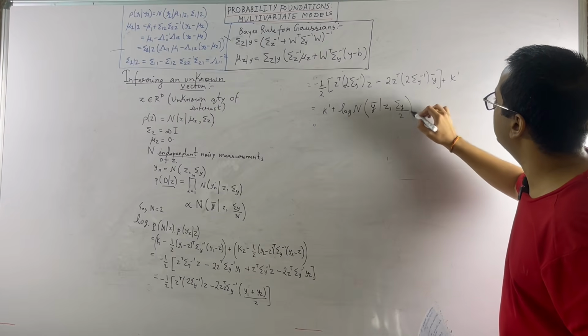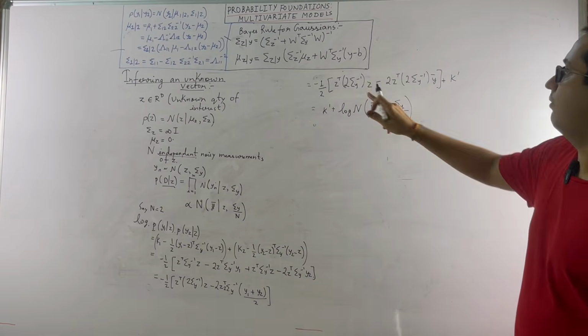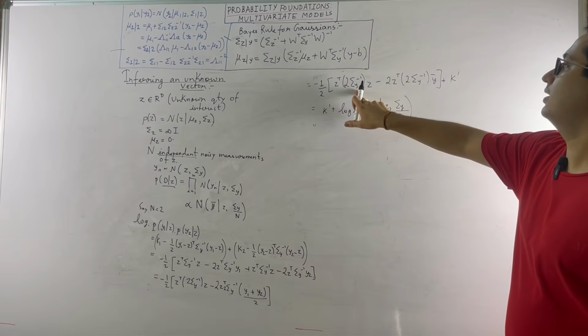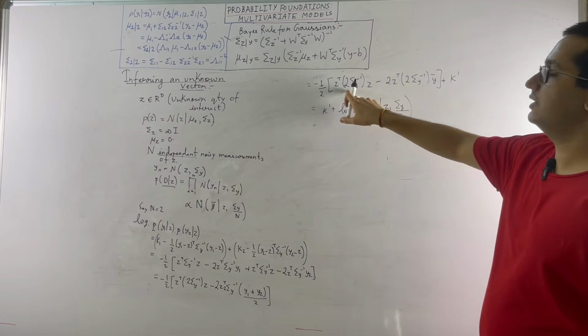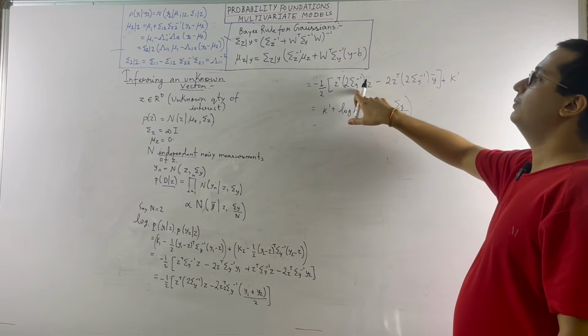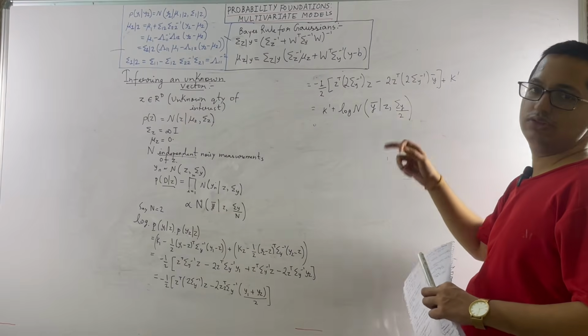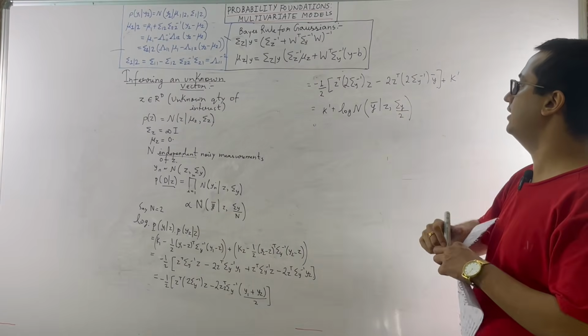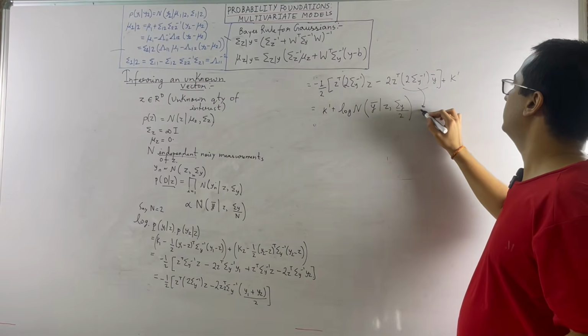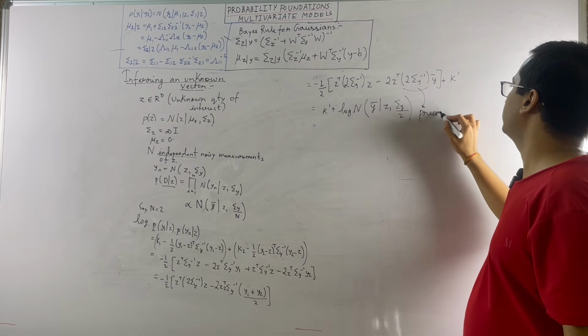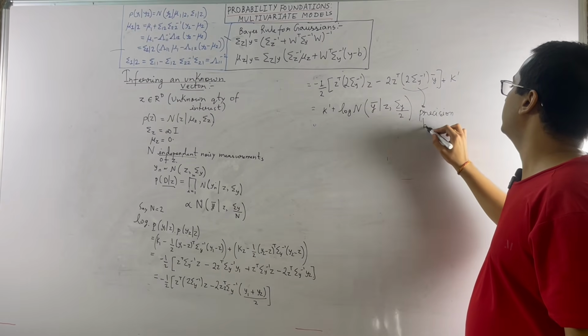Why sigma y by 2? Because think very carefully, what did I have over here? Some sigma inverse, which is the precision, 2 times the previous precision. That is, the precision has become twice, that means the covariance should become half, because this is mean and covariance.